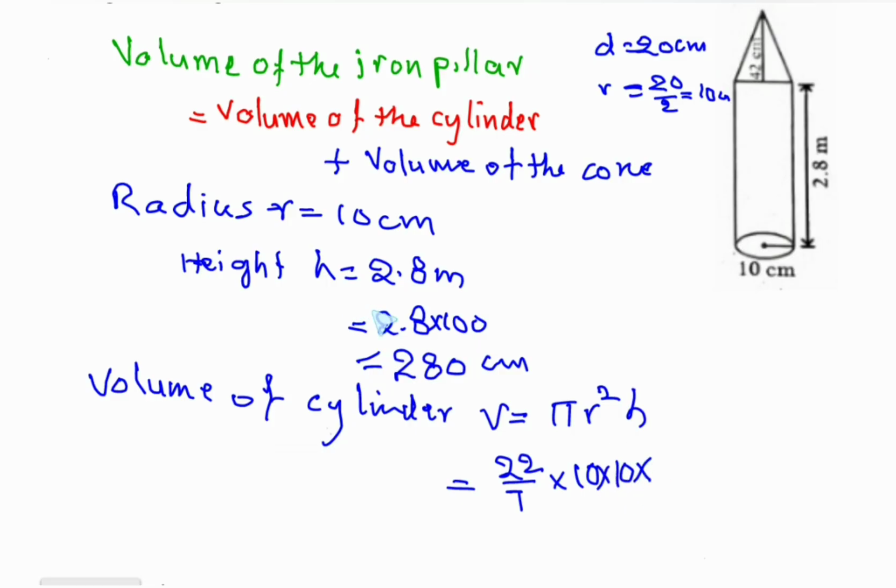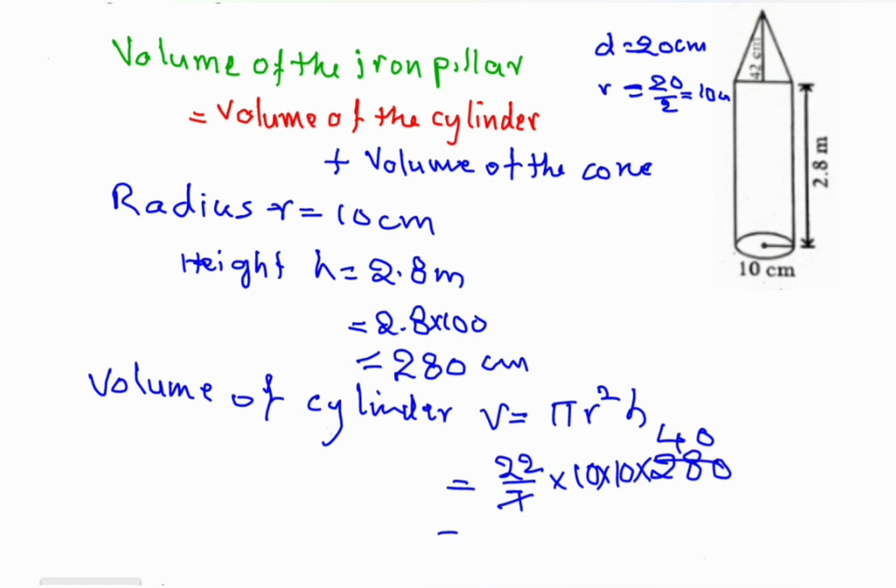The height of the cylinder is 280. 7 4s are 28, 0 cancelled.